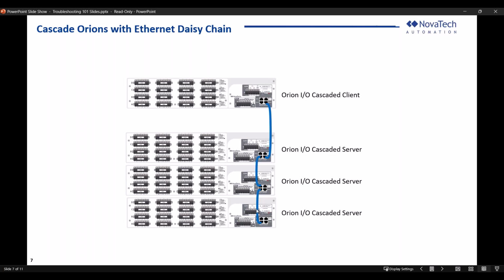You can, quote unquote, daisy chain them like this because they are all on the same network using Ethernet cable. So you don't need an external switch or the NovaCard 2.